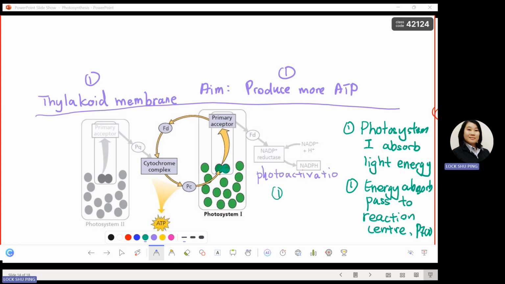Then at the reaction center, the electrons in chlorophyll a absorb the energy and get photoexcited.